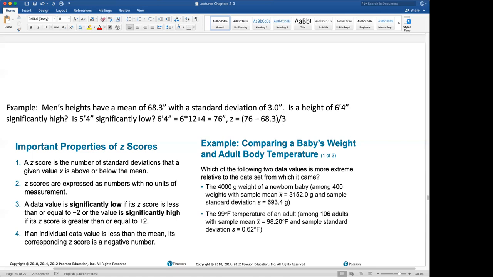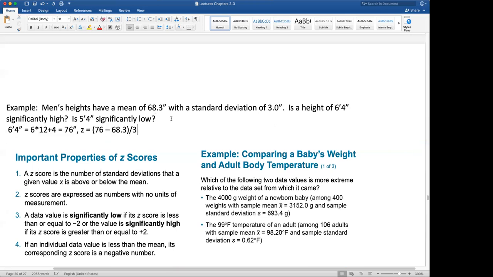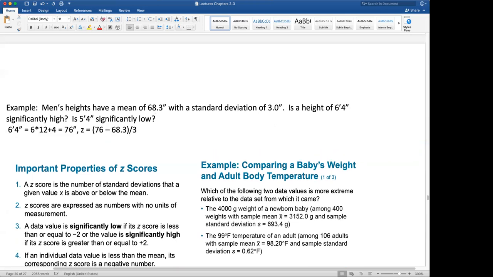For the next one, what about 5 feet 4 inches? That's 5 times 12 plus 4, so it's 64 inches.